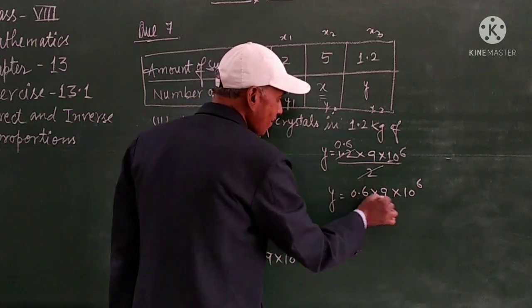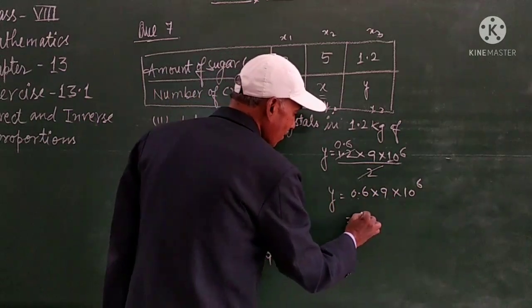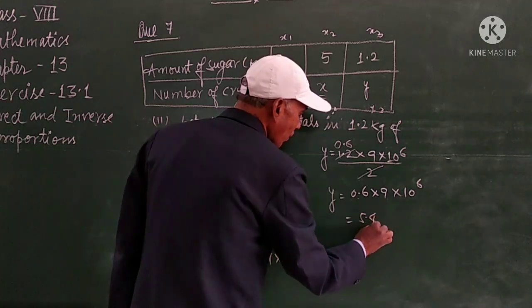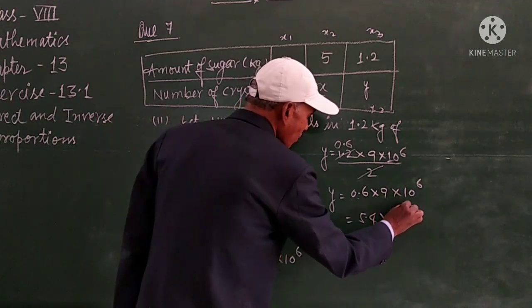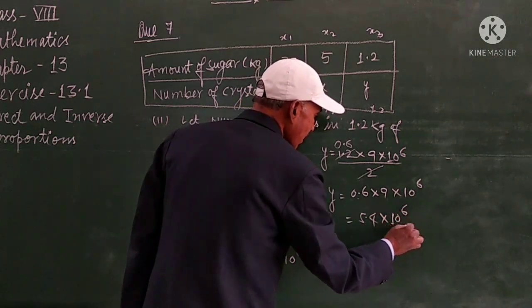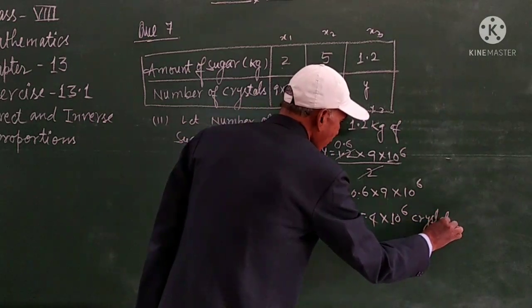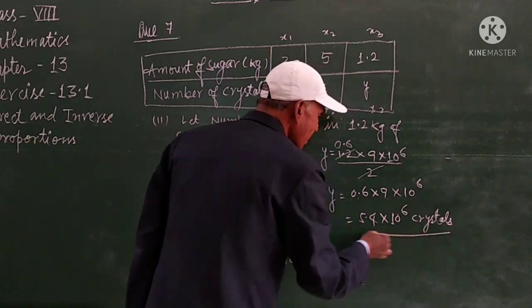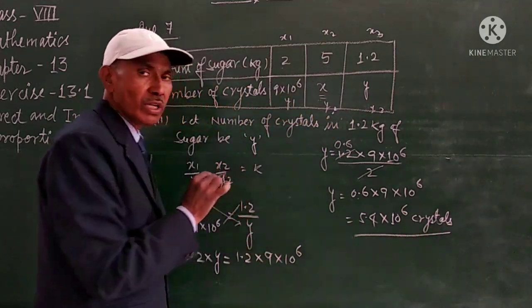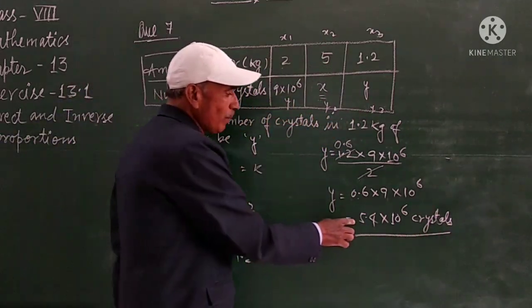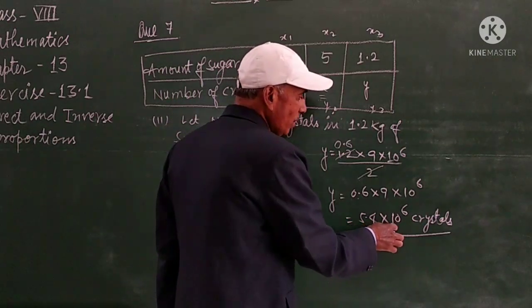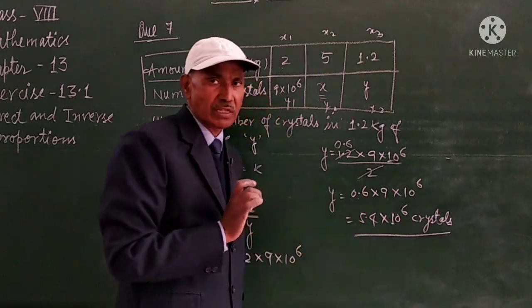So 9 sixes are 54, so it will be 5.4 into 10 to the power 6 crystals. So the number of crystals in 1.2 kilogram of sugar will be 5.4 into 10 to the power 6 crystals.